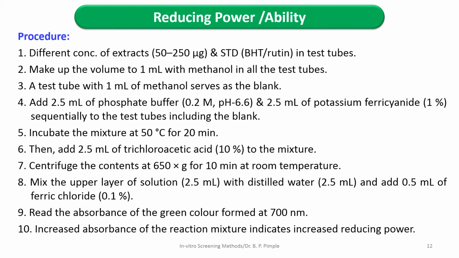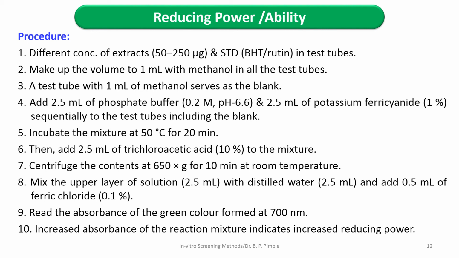Different concentrations of extracts are to be prepared. So in case of sample, we need to take different concentrations: 50 microgram, 100, 150, 200 and 250, for standard also. And you can prepare a calibration curve with the help of the standard here. Make up the volume to 1 ml with the help of methanol.